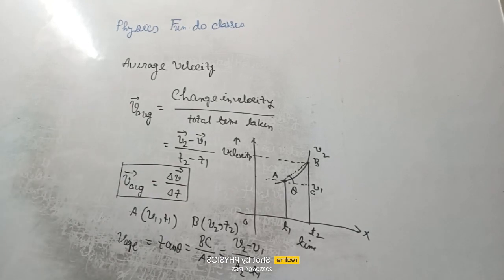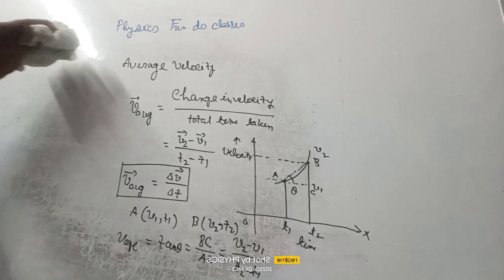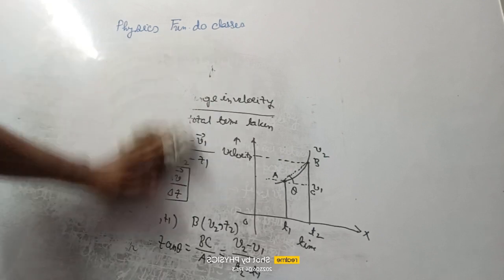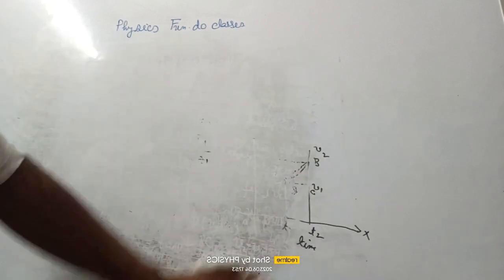Now let's move to instantaneous velocity. What is instantaneous velocity? Instantaneous means a particular time, a particular instant.